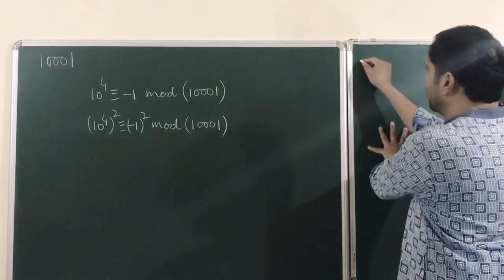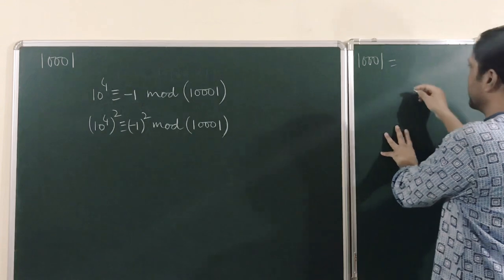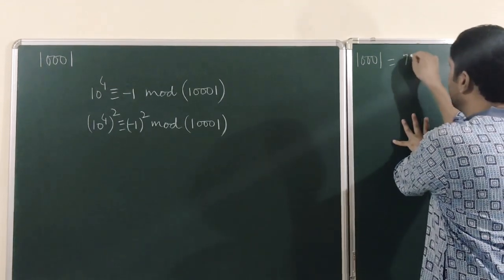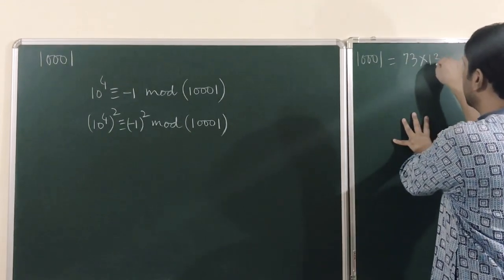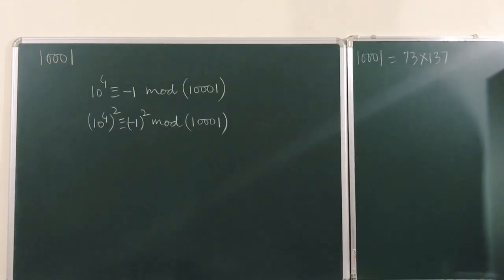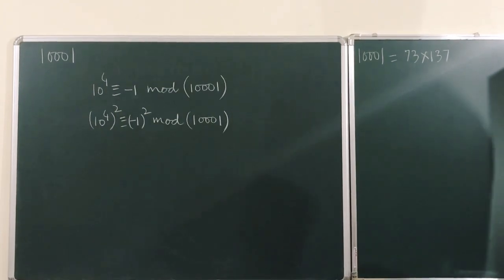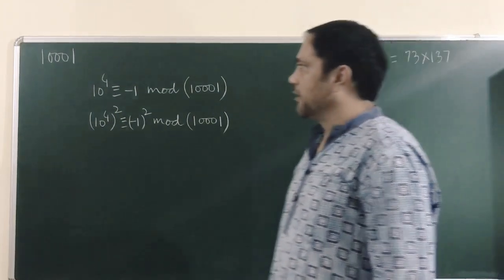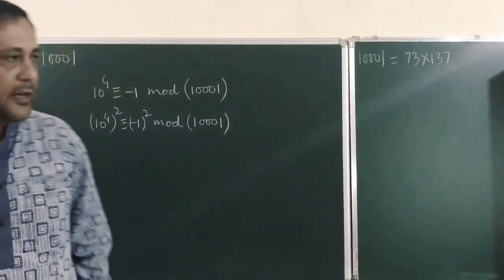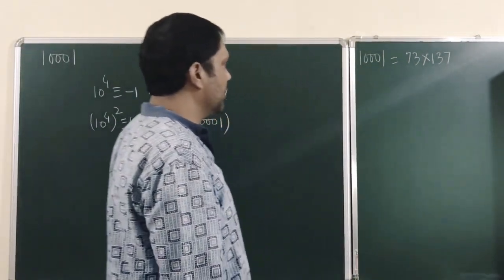You see that 10001 can be written as 73 into 137. If we do the prime factorization of 10001, we'll find these are 73 and 137. So when I'm checking the divisibility by 10001, at the same time I can check the divisibility by 73 and 137.